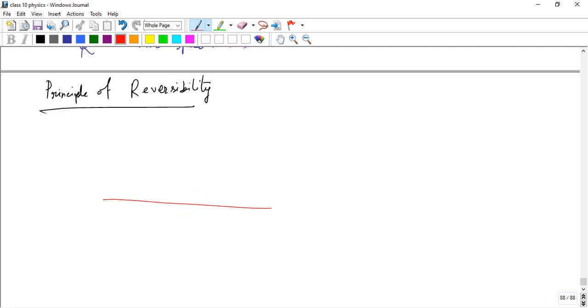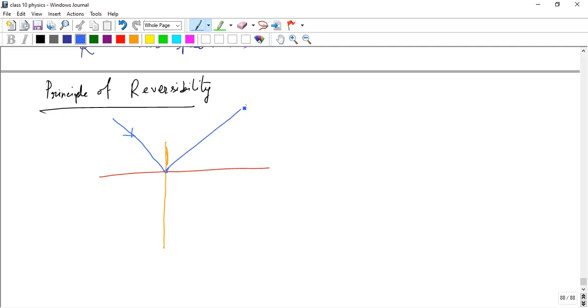We draw a straight line. That is the incident ray, the point of incidence, and here is the normal. That is the reflected ray.